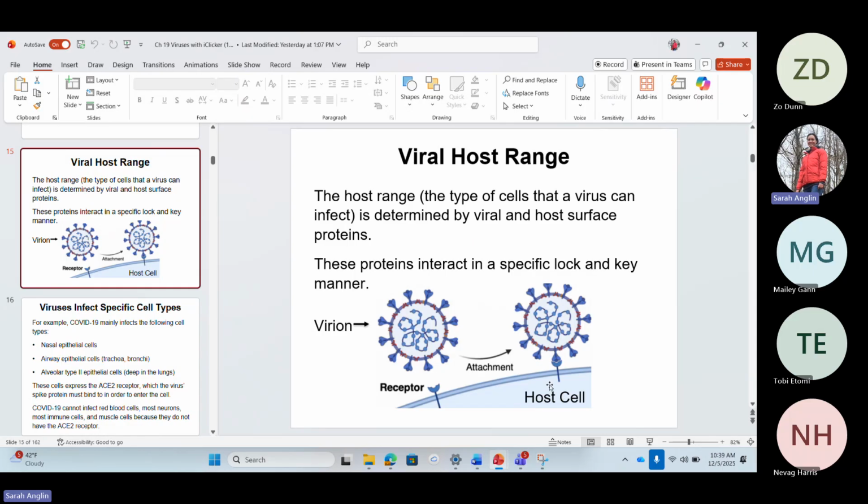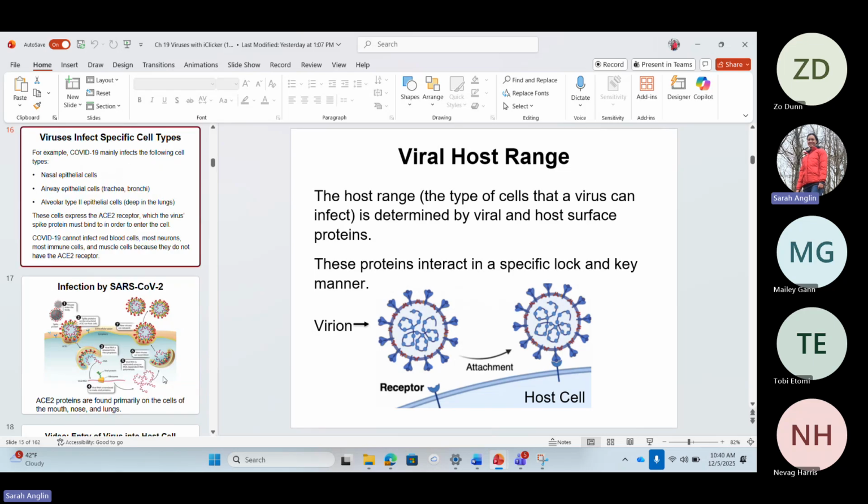And on the host cell, we call that protein a receptor. On the virus, sometimes they're spike proteins that interact with the receptors. But to keep it simple, if the receptor that interacts with that protein is there, then that virus can affect that cell type.